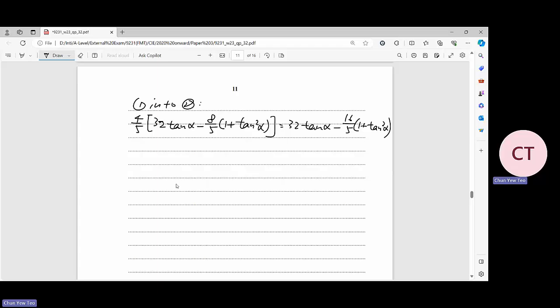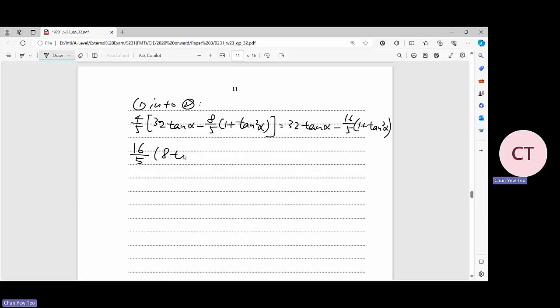Expand and simplify. Okay, so we just need to take some time to expand and simplify. Join all the tangent alpha together. Okay, so from here, we factorize the 4 out, make it like this.